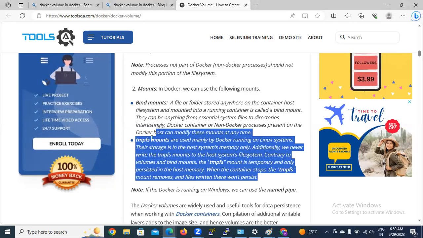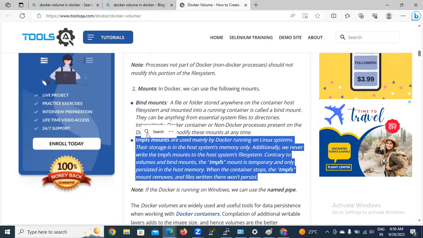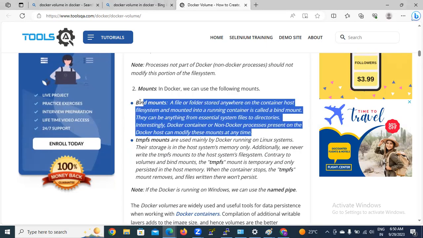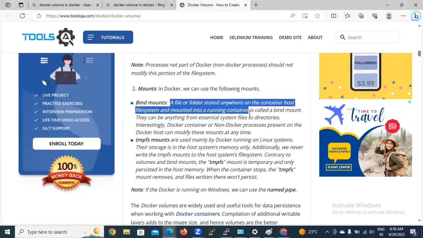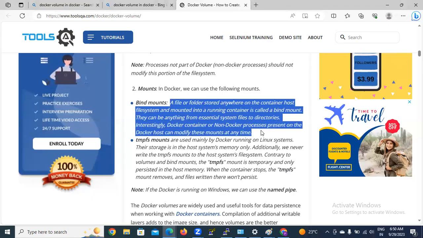If we are storing any volume in memory, suppose we have a container file system, and we have to map it to the host.